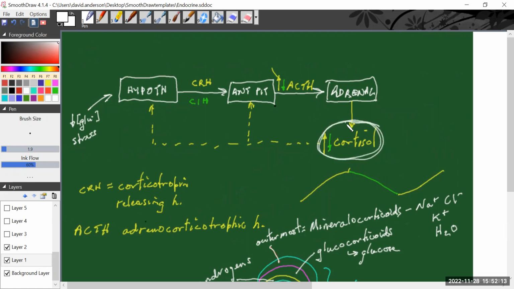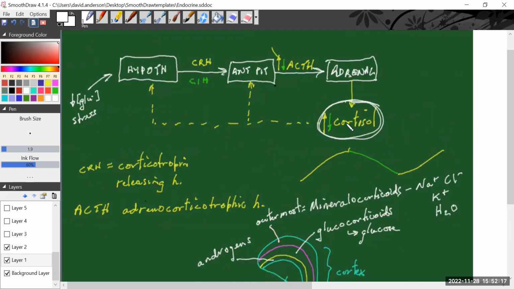So when we look at this pathway, we specifically see that this pathway with ACTH from the pituitary particularly targets cortisol. And cortisol is the largest of the glucocorticoids. You may also see it called cortisone. If it ends in O-N-E like that, that's your hint that it's a steroid-based hormone.